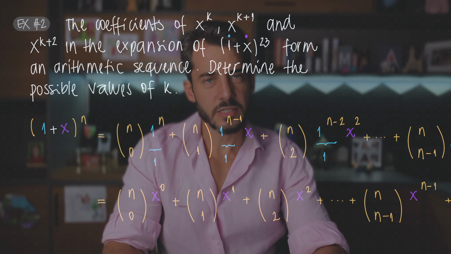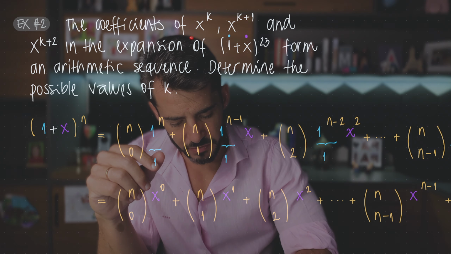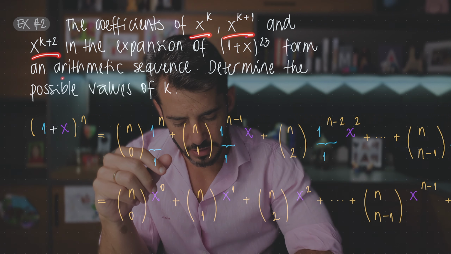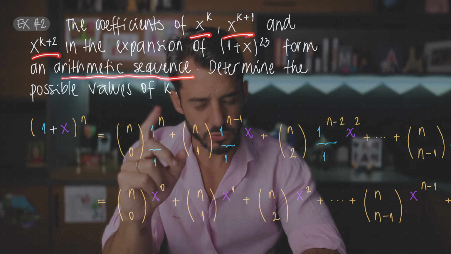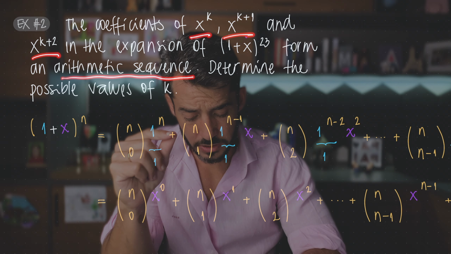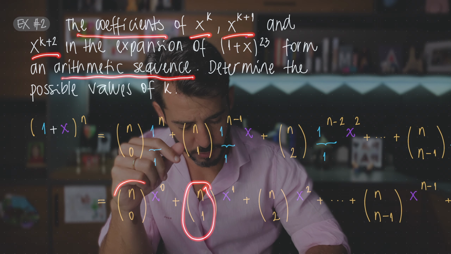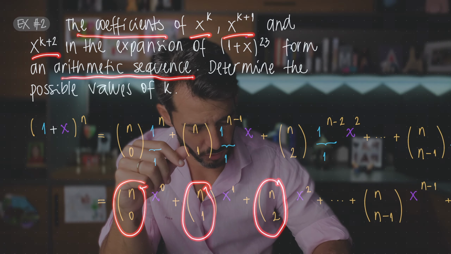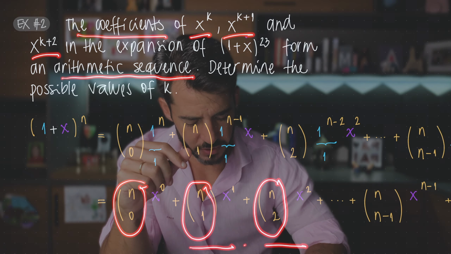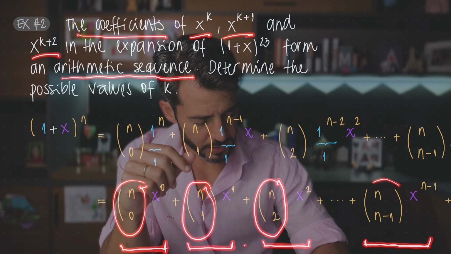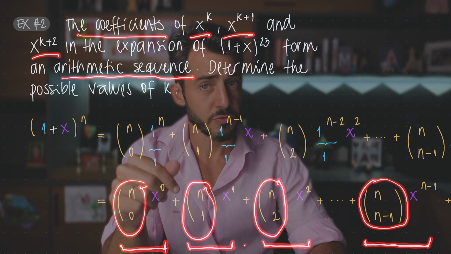Now the exercise is stating that the coefficients of x to the k plus 1, and x to the k plus 2, they form an arithmetic sequence. Do notice also that the only contribution that we have for the coefficients are these binomial coefficients, because in all of these terms, there will not be any number which multiplies these binomial coefficients.